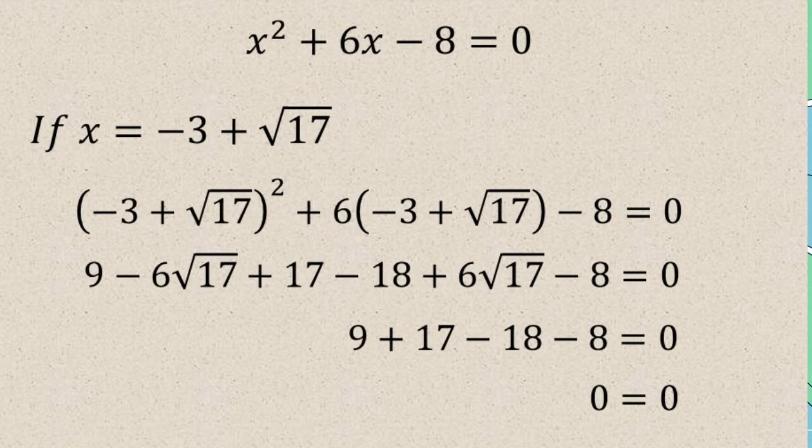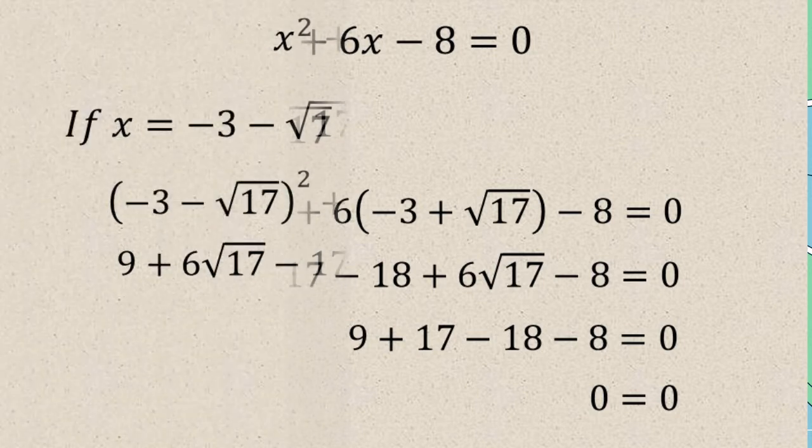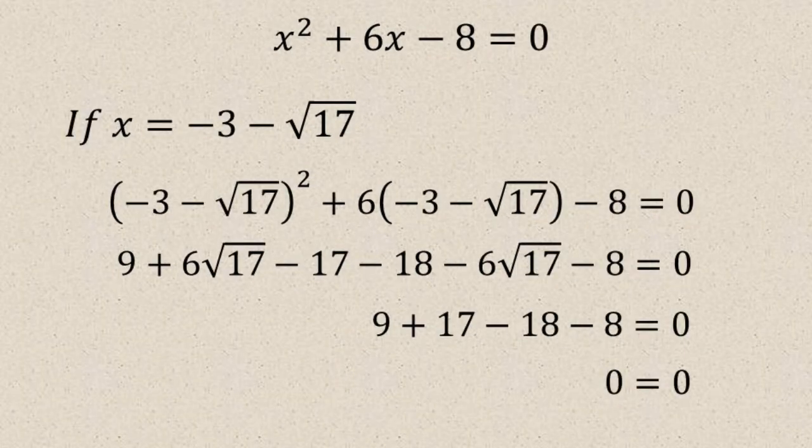Notice that the equation is satisfied. How about the other value, which is negative 3 minus square root of 17? See, it is also satisfied. So, we say that negative 3 plus and minus square root of 17 are both solutions.